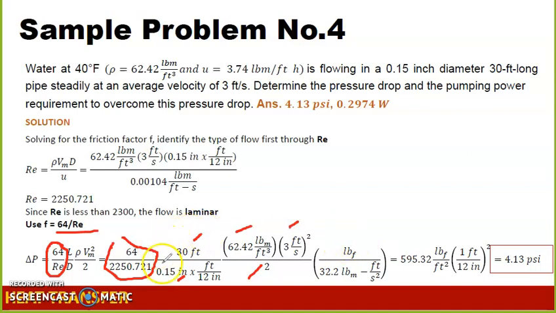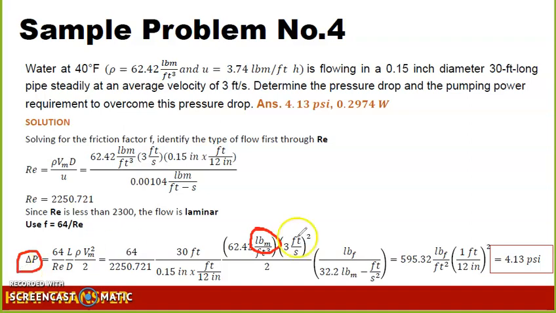If you look at the units here, the units are in terms of pound mass. Remember that delta P, our pressure, is force per unit area, so it must be force. So we need to convert pound mass to pound force, and this is the conversion: 1 pound force is 32.2 pound mass feet per second squared.